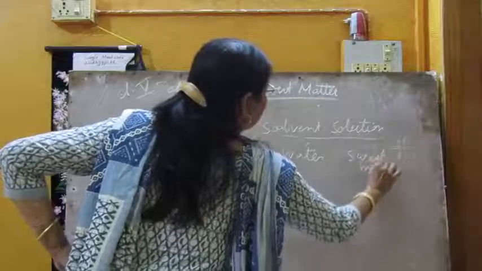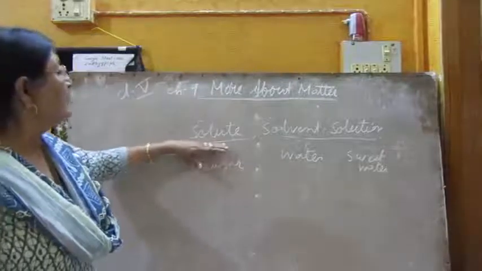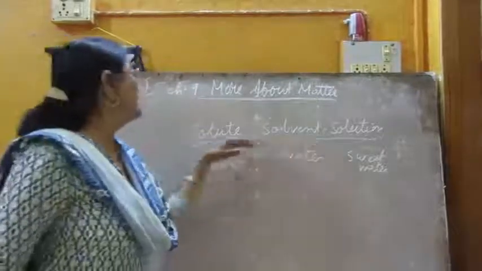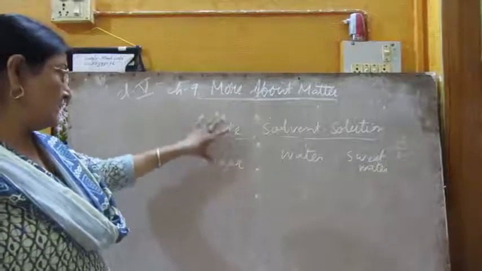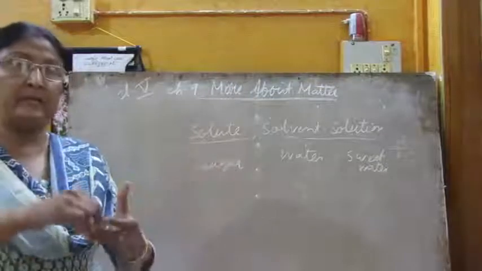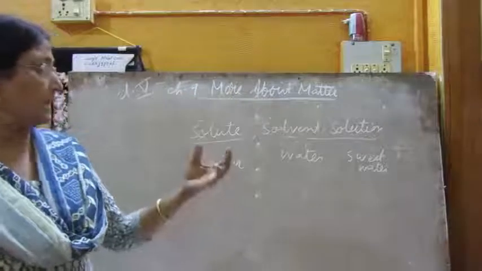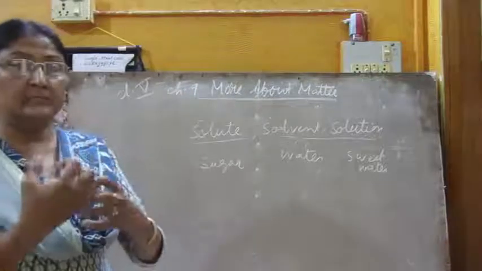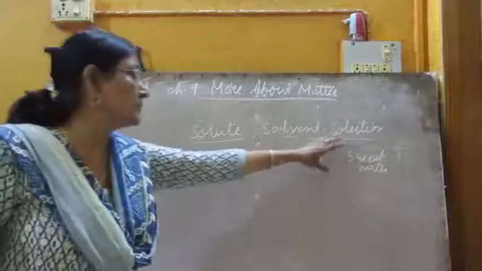Now you can understand which is called the solute. According to science, this sugar is the solid matter which disappears in the liquid and makes a different, separate matter. So this one is called a solution.